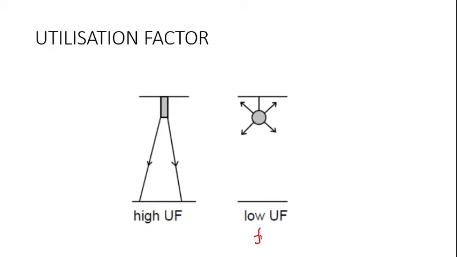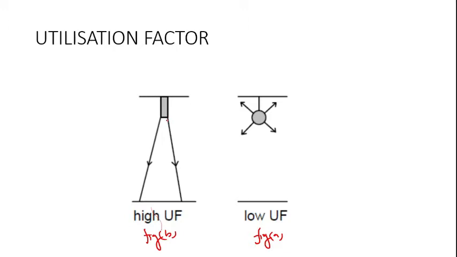Figure A we have, and figure B we have. In figure A, more dispersed light is emitted by this light source. The lumen output of this luminaire is dispersed in almost all directions. But in figure B, the light emitted by this luminaire is more of a concentrated type.